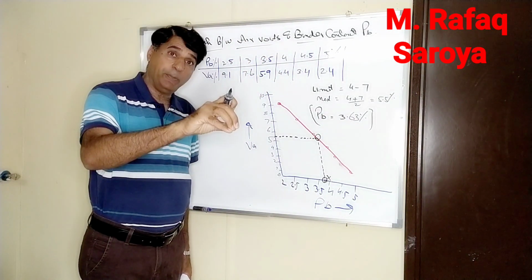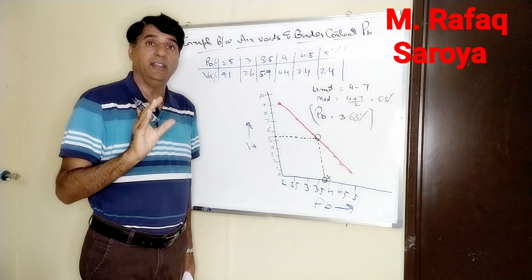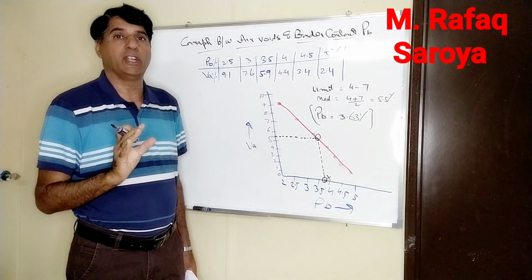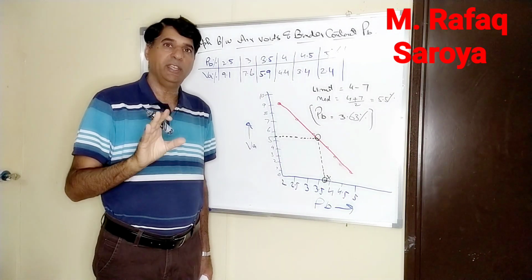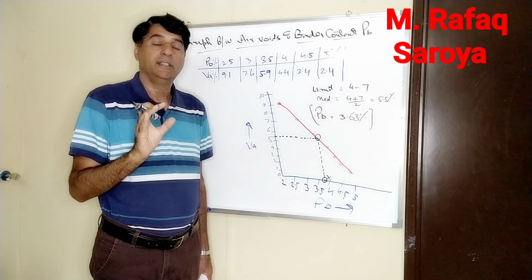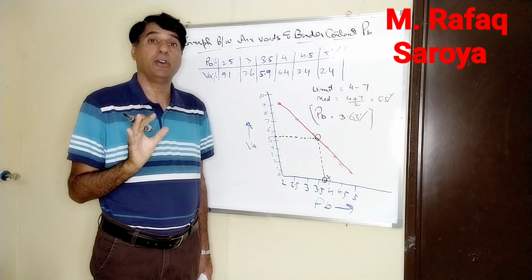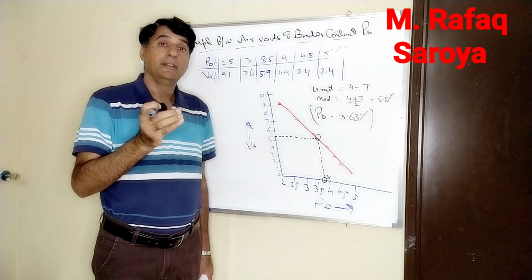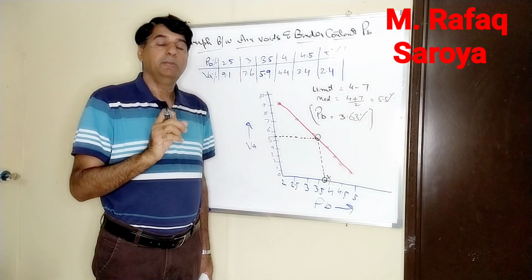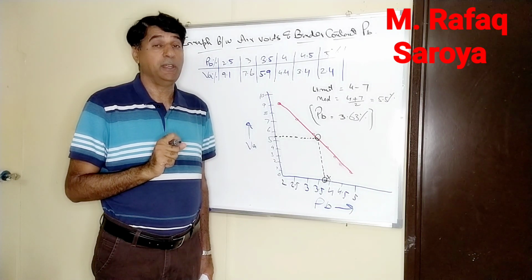Now, this 3.63 is kept in our mind as our selected binder content for the time being. Now, we will try to understand whether this binder content is acceptable or not. Its acceptance will be evaluated when we study the data of our other graphs. Thank you very much for watching this.